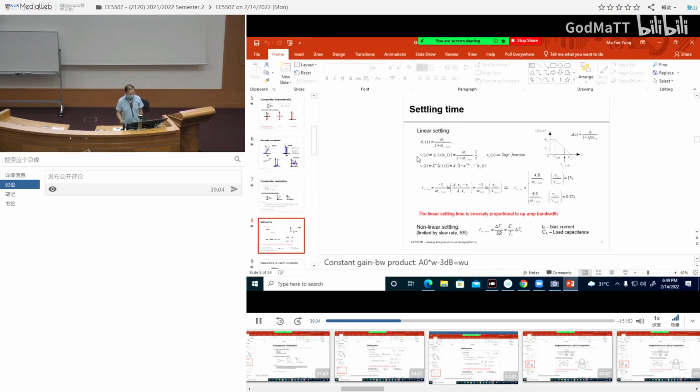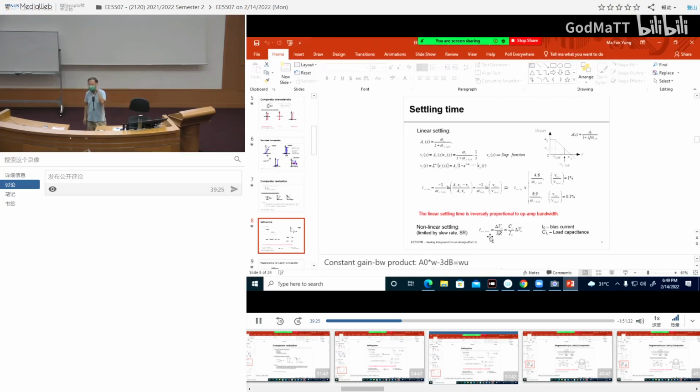Then we can compare that with this expression. Due to the finite current, we know the slew rate of my op-amp, and then I check: is this slew rate bigger than the maximum slope or not?